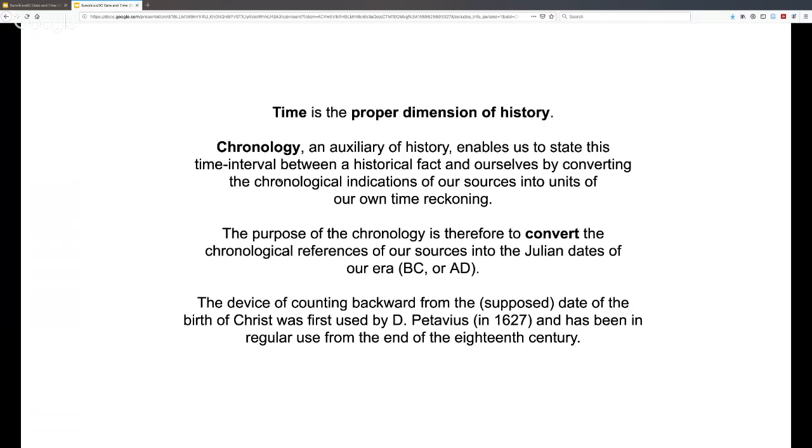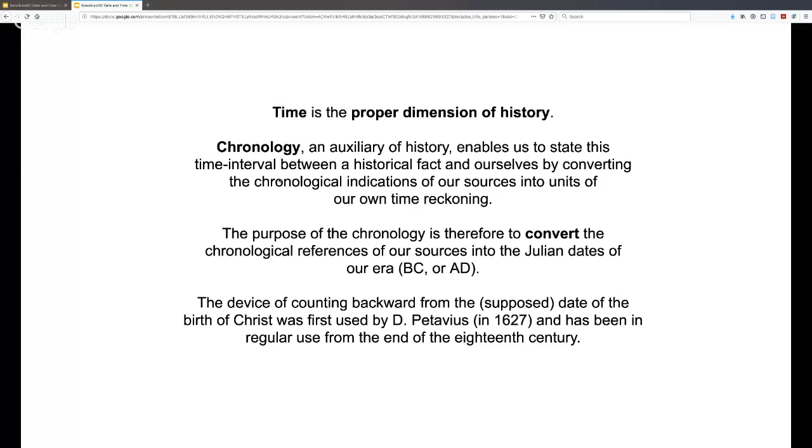Today we will see examples. Basically what we need today is to convert the chronological references that we have in our sources into the Julian dates of our era that we are using. And also the device of counting backward from the birth of Christ was used firstly in the 17th century, and now we use it from the end of the 18th century.